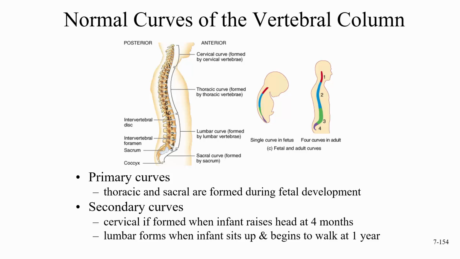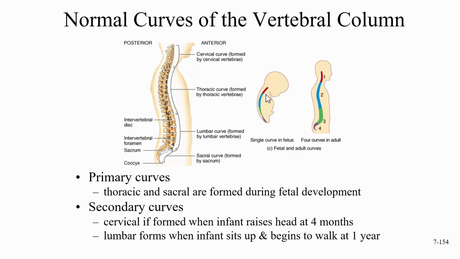Now, looking at normal curves of the vertebral column, we're going to have primary curves and secondary curves. The primary curves are the thoracic and sacral curves, and they're formed during fetal development. And so you can see as a fetus, you're kind of curled up, kind of C-shaped in the womb.